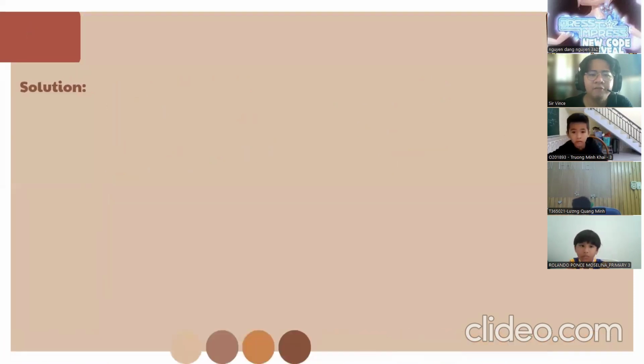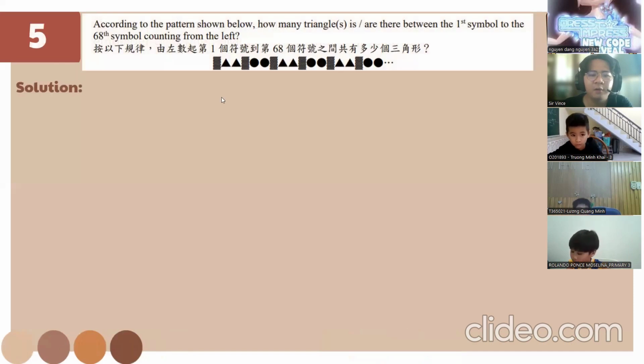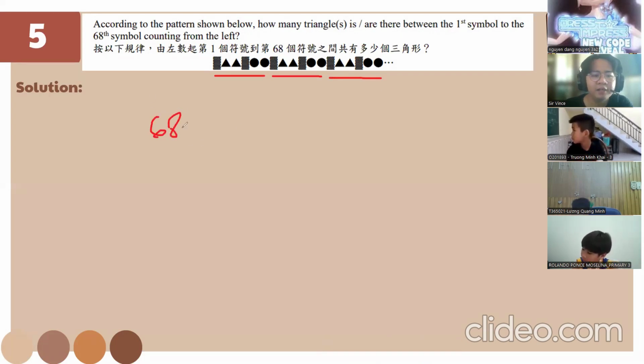So, for number 5, for the one who was asking, this pattern is repeating by 6, okay? As you can see, the box, 2 triangle box, and 2 circles again. So this one is repeating by 6. Okay? So that's why we divide 68 divided by 6.